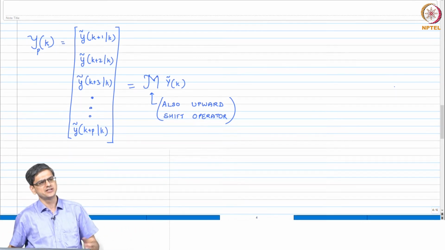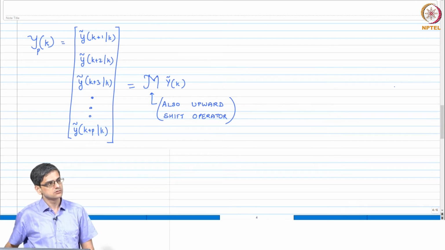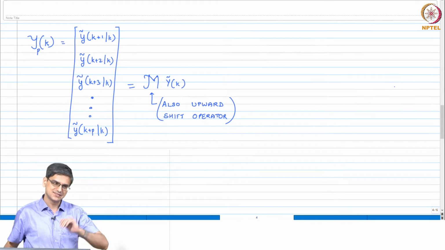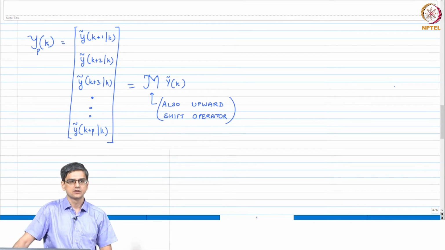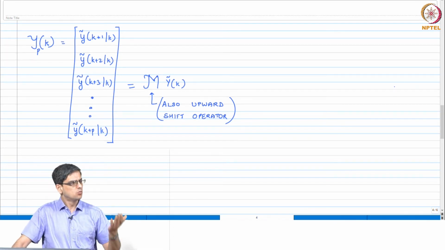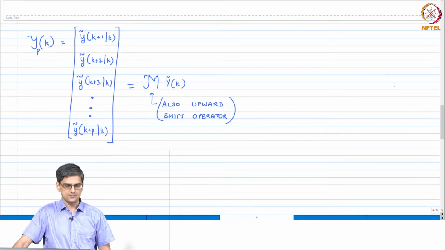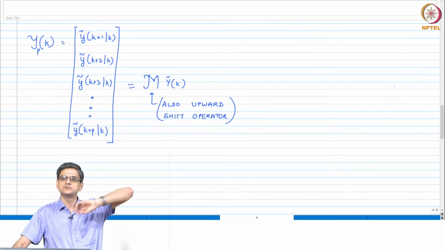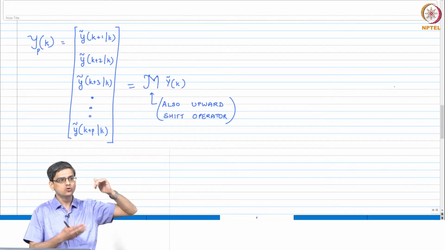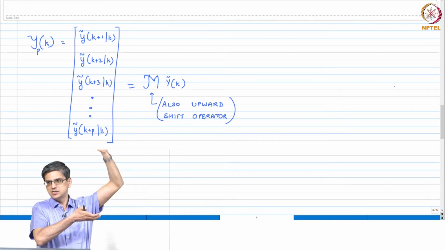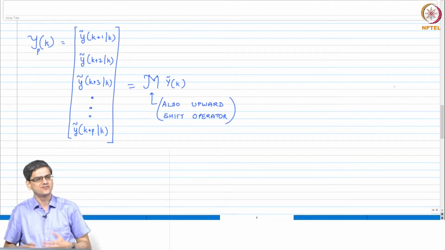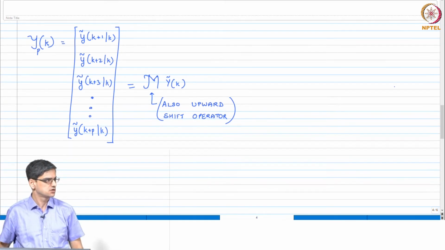So you won't really predict that long into the future, except for the infinite horizon case, which we will come to in week number 7. But as far as we are concerned, most of the time for most practical applications, upward shift basically means discarding the top and moving the remaining p into ny elements upwards, because it is MIMO in general.